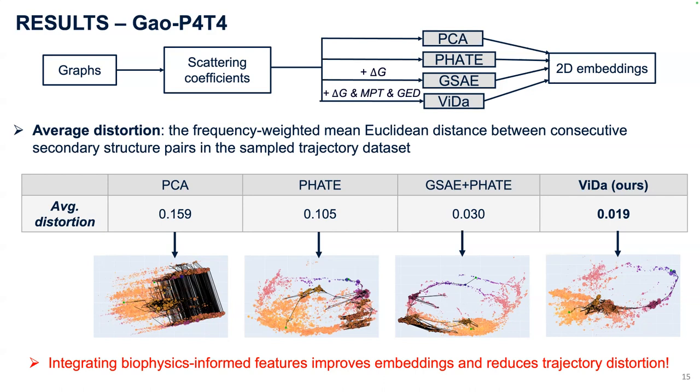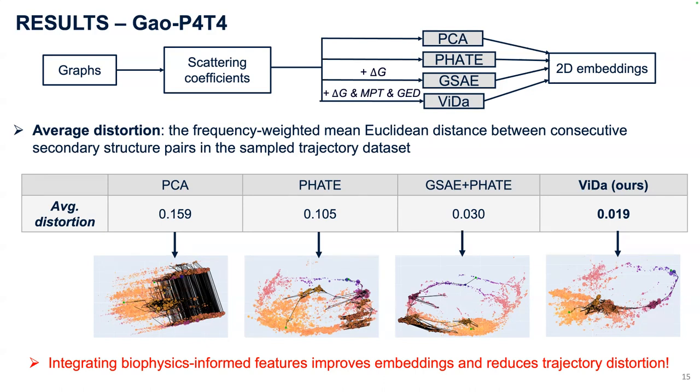So we find that our method achieved the lowest value, and what's more, we also show the corresponding visualization plot for each method, and by comparison, we find that ViDa has the smoothest trajectory layout. And this visualization result agrees with the distortion score, indicating our method has the best performance.